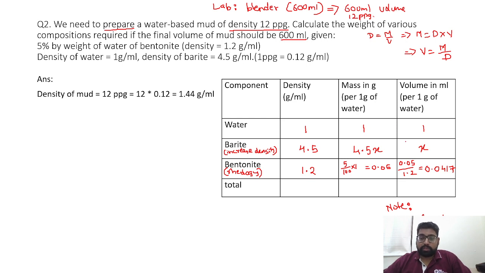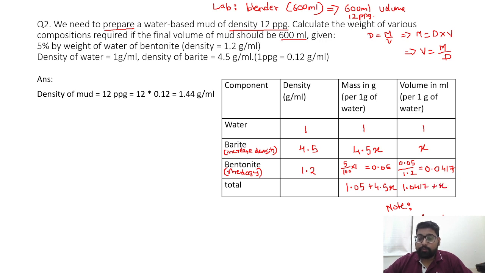Okay, so you have some unknowns and you have assumed a few things. It's fine. Now let's do the addition. Once you do the total, the total mass is 1.05 plus 4.5x and the total volume is 1.0417 plus x.